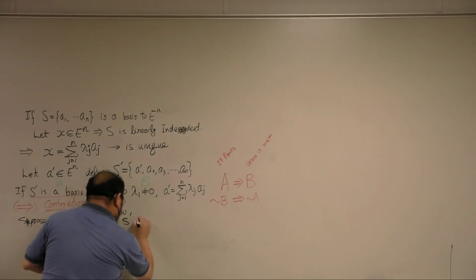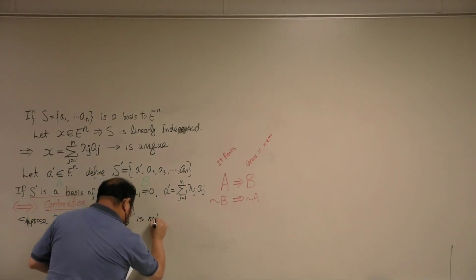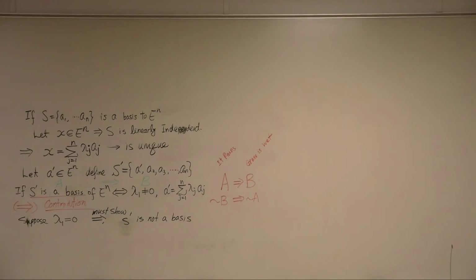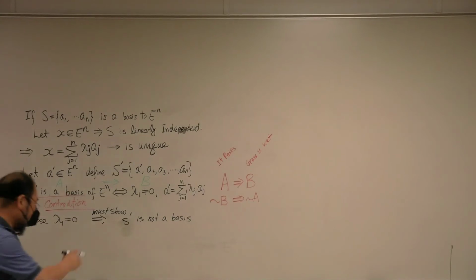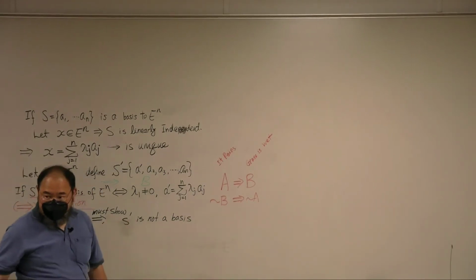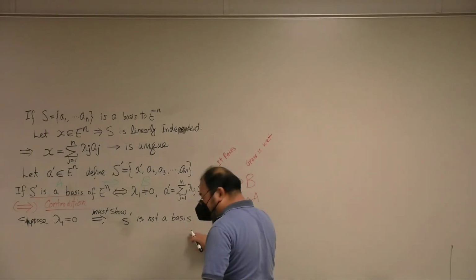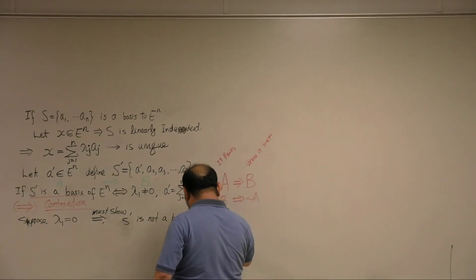S prime is not a basis. That's easy. Everybody okay? Then, what does that mean? If S prime is not a basis, meaning what?